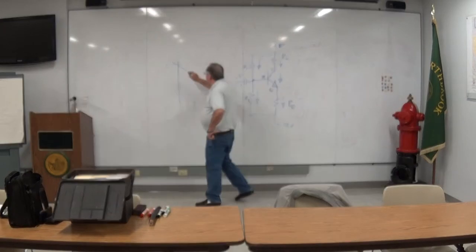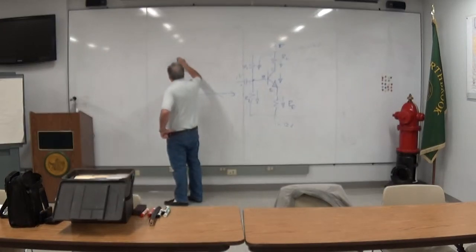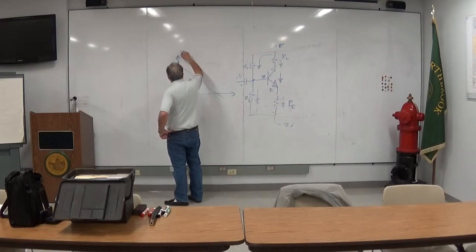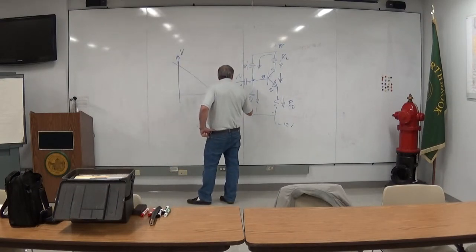What's the straight line representing? It doesn't matter which axis I call which, just arbitrarily and capriciously, I'm going to call this one voltage. I'm going to call this one current.